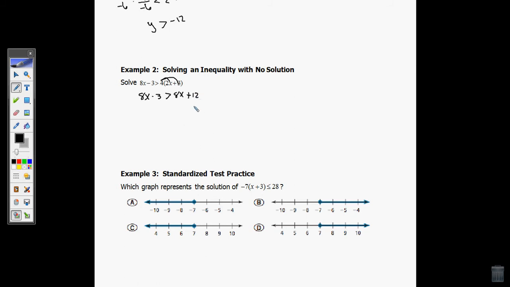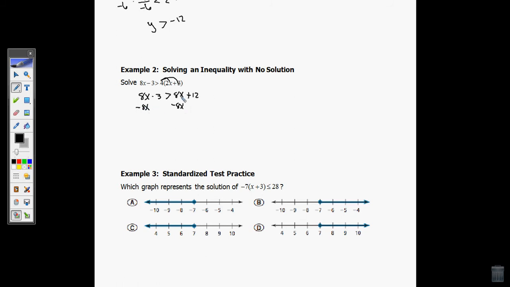Now what I would need to do is the same type of rules that I would do with equations, which is trying to lump together all of my x's and all of my numbers. So I'm going to go ahead and take the 8x and move it to the left side.